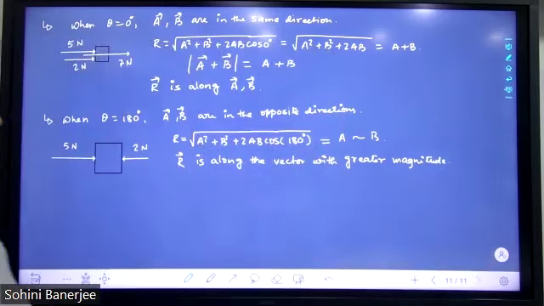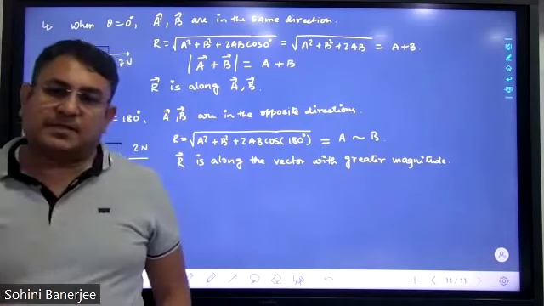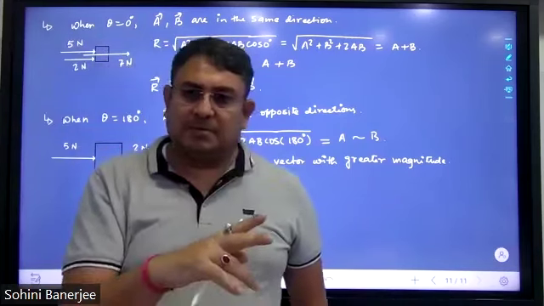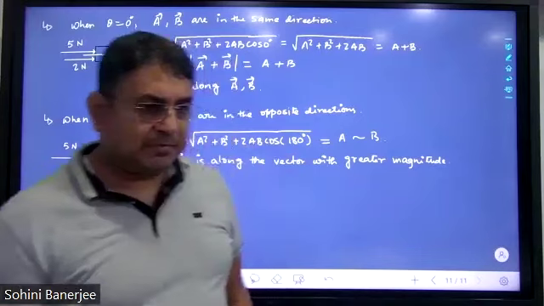So when two vectors are in the opposite direction, the resultant will be acting in the direction of the vector with greater magnitude.